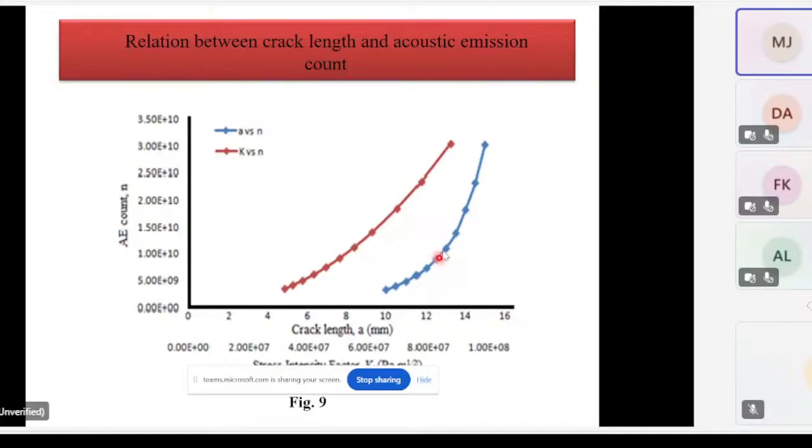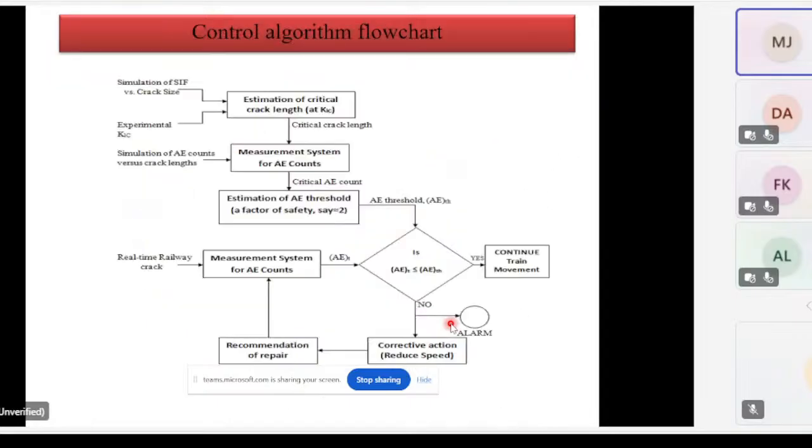So naturally, if you draw a tangent here, this is the point of contact, so it will be the typical crack length, 12 point something. Wherever you are measuring the crack length through acoustic emission, wherever this is 12.5, you can also find out the time. You can interpolate it in terms of time.